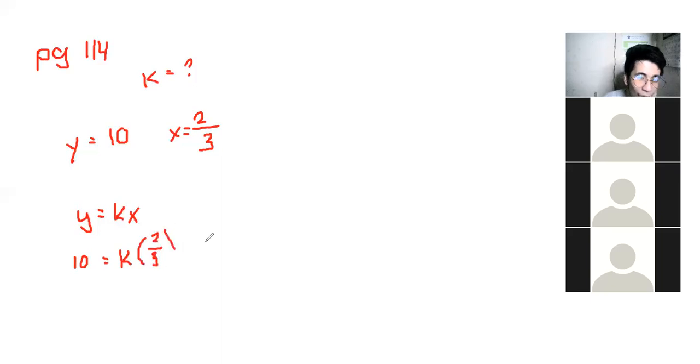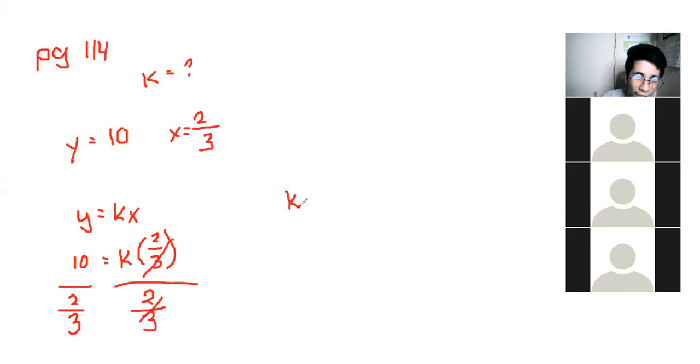Okay? So, kailangan natin matanggal ang kasama ni k. So, divide natin both sides by 2/3. Cancel si 2/3.